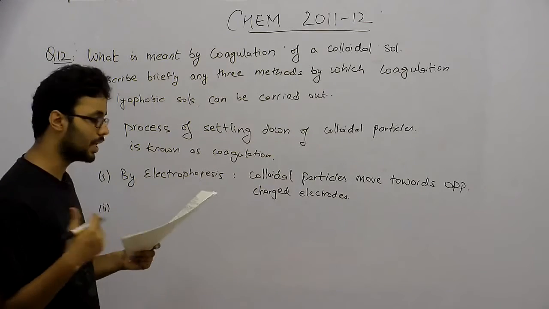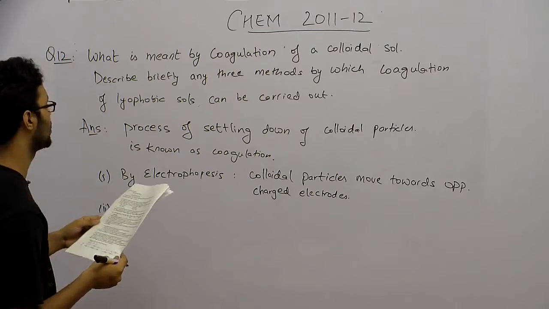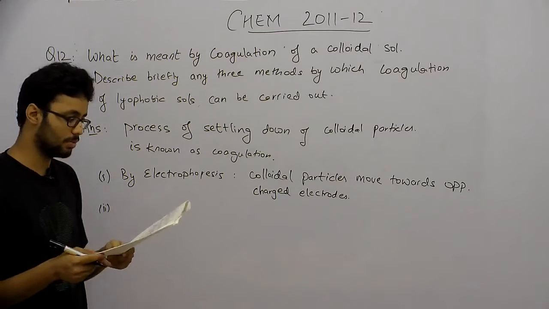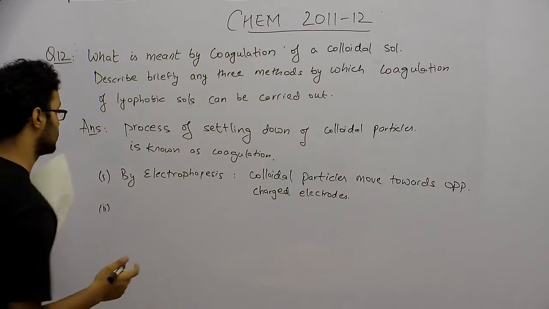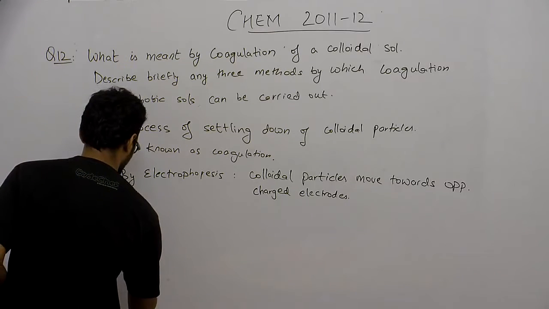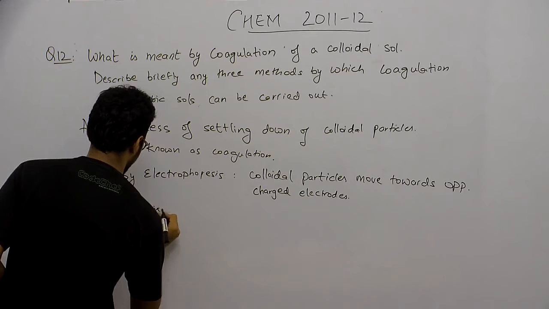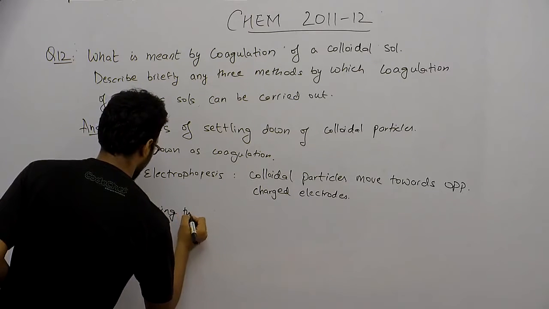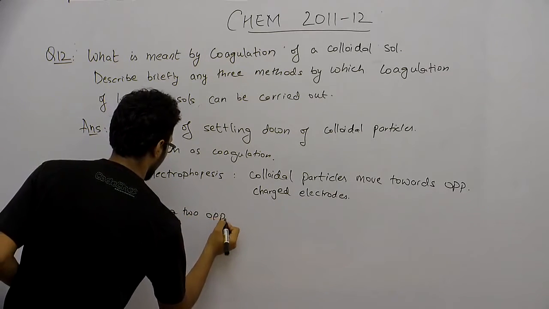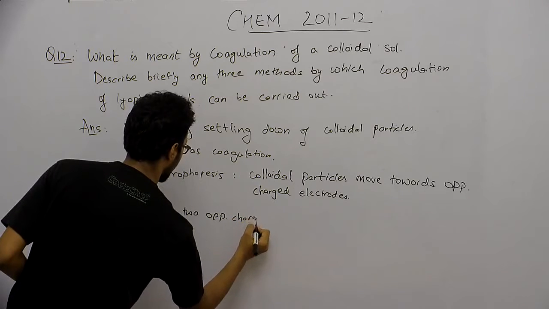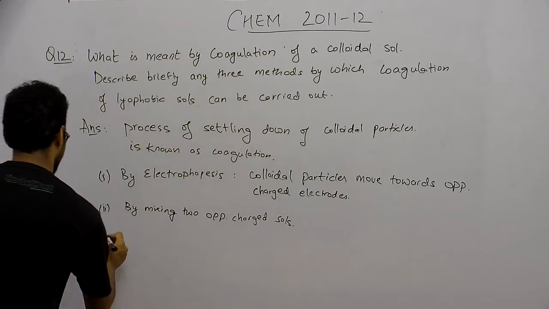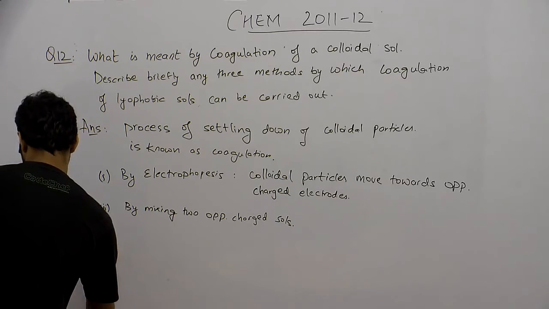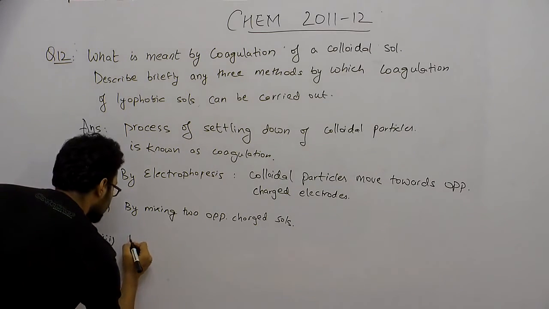The second method by which coagulation of lyophobic sols can be carried out is by mixing two oppositely charged sols. And the third method is by addition of electrolytes.